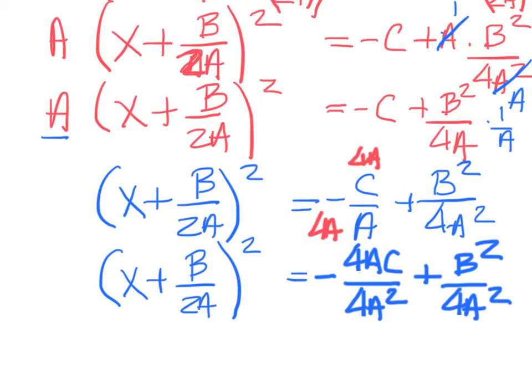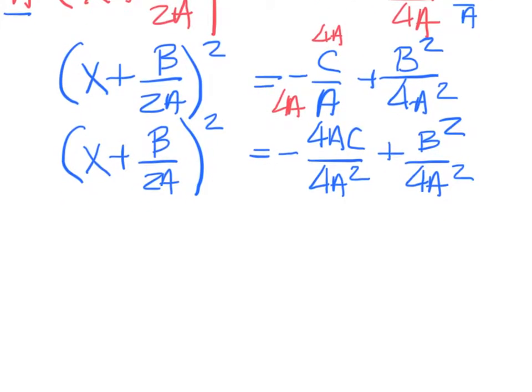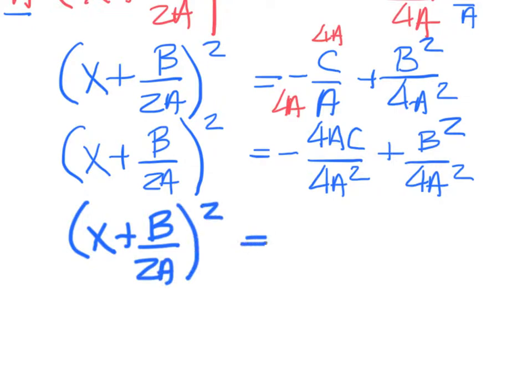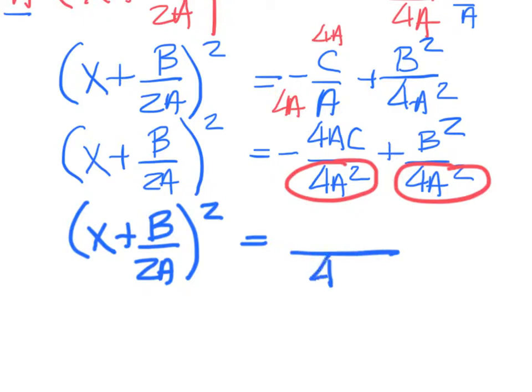Alright, so now that we've done that, we can keep the left-hand side the same. And then over here we want to add these two fractions together. You have the same denominator here, so that's what we're going to have here, 4a squared. But on the top, why don't we make this one little adjustment?